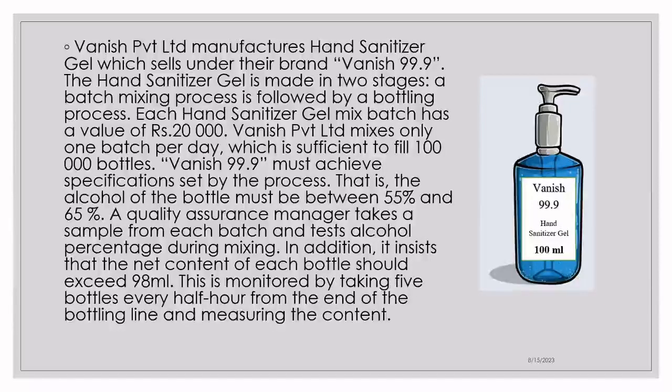Vanish Private Limited manufactures hand sanitizer gel, which is sold under the brand Vanish 99.9. The hand sanitizer gel is made in 2 stages. A batch mixing process is followed by a bottling process. There are 2 processes, the mixing process and the bottling process.